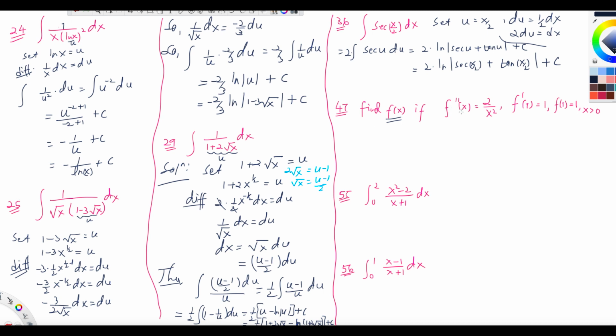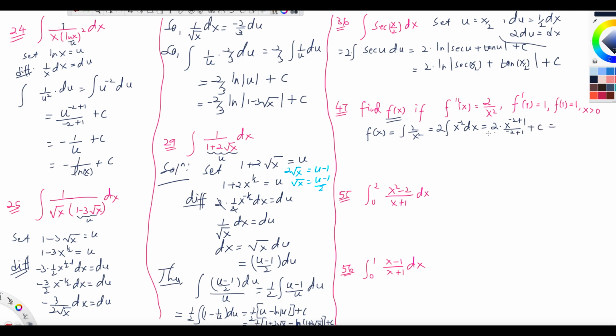If you integrate on this side, one derivative will cancel with the integral. So what is the integral of 2 over x square? You can write 2 over x square as 2 integral x to the negative 2 dx, right? So that will be 2 times x to the negative 2 plus 1 over negative 2 plus 1, plus c.